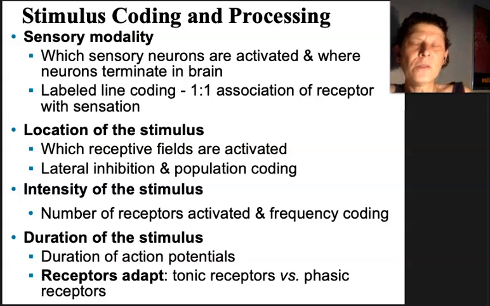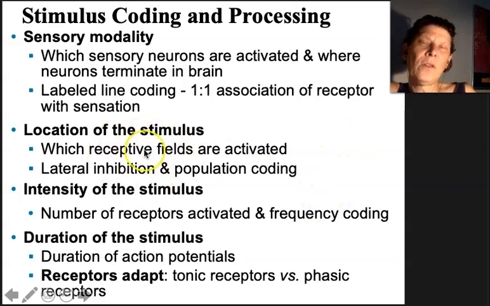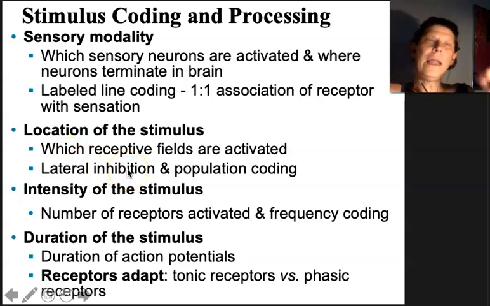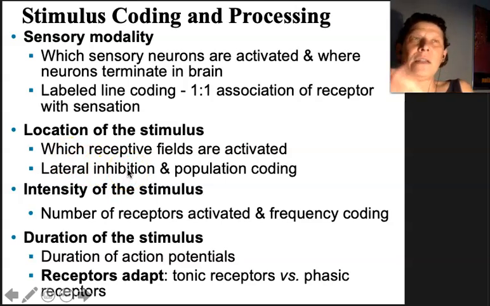The location of the stimulus is tied into the receptor field in terms of accuracy. The receptor field is activated due to the stimulus, and that allows the identification of where that stimulus is happening. We also have lateral inhibition, which prevents the diffusion of that receptor field to a wider location.